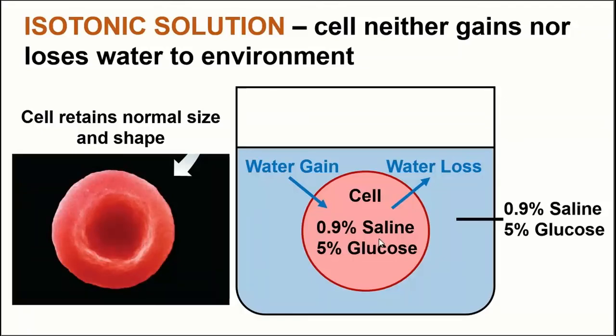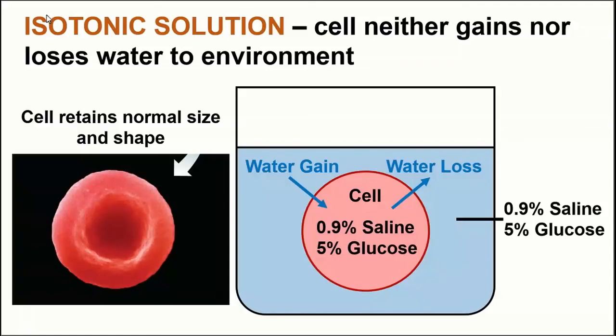So let's now place that cell into a beaker that also contains 0.9% saline and 5% glucose, because this is our isotonic solution. This prefix iso means same, and we can see that because the concentration of solutes inside of our cell is equal to the concentration of solutes in the solution that we placed it in.